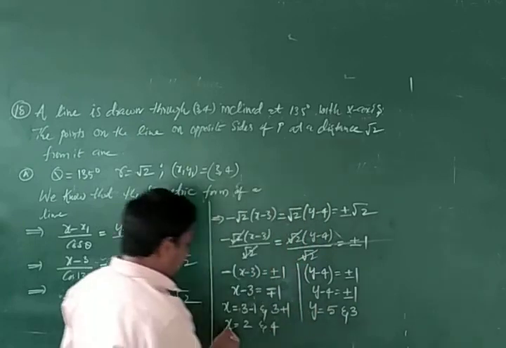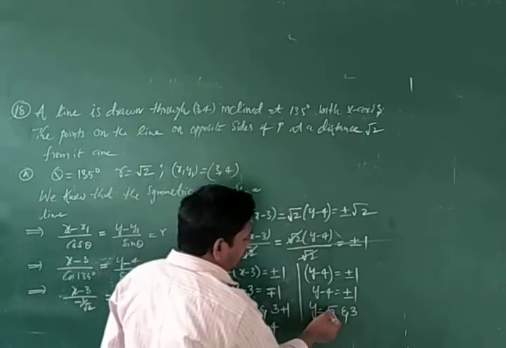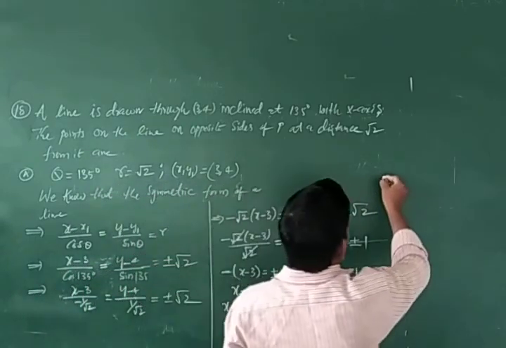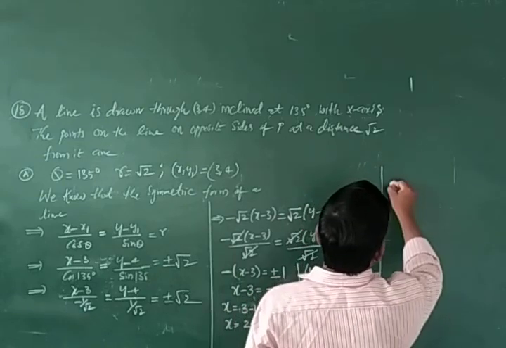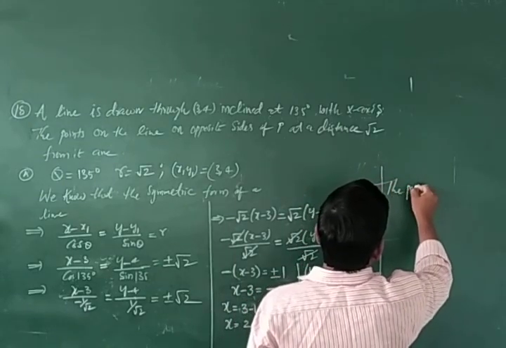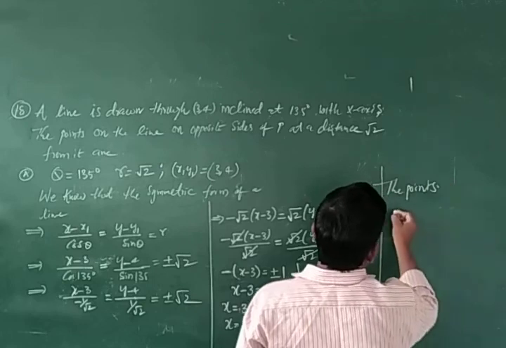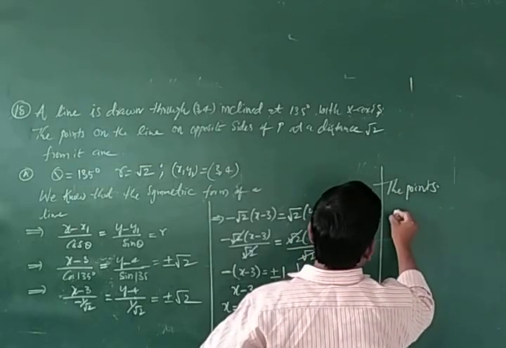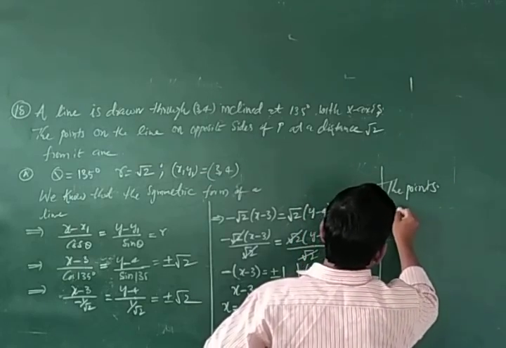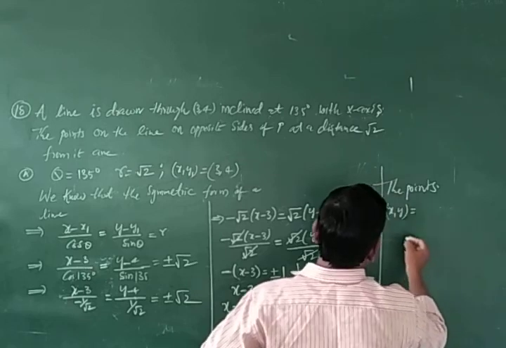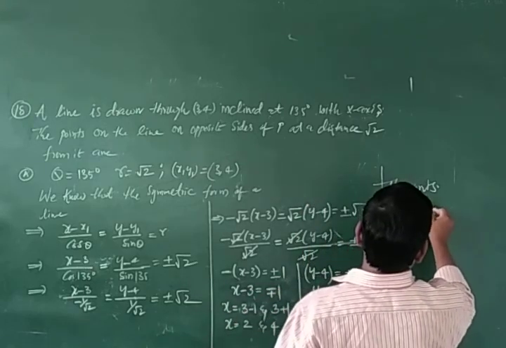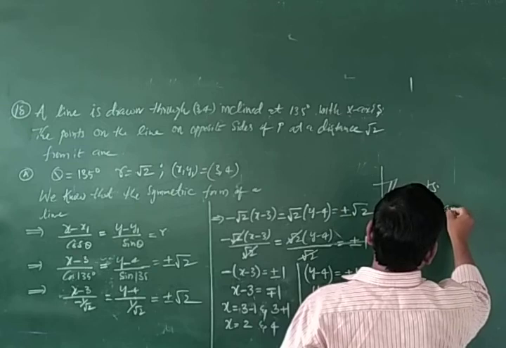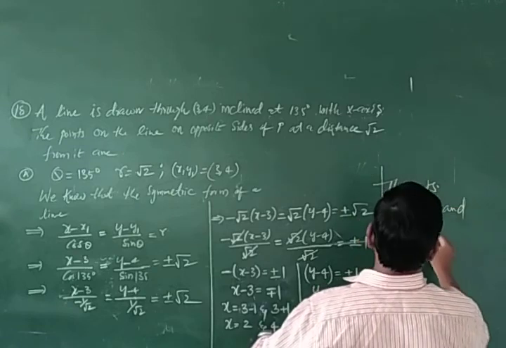So here x equal to 2, 4 and y equal to 5, 3. Now the points are (x, y) equal to (2, 5) and (4, 3).